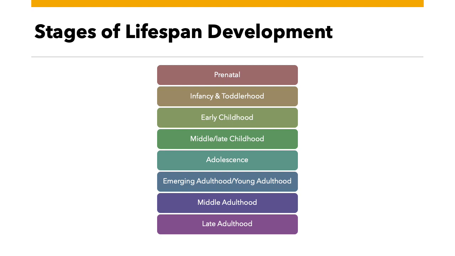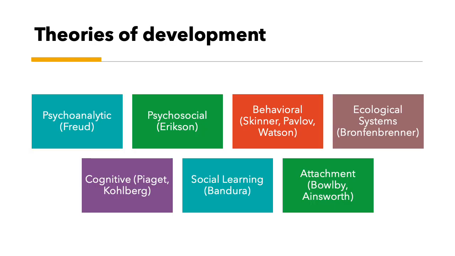So for this course, we are going to look at the different stages of lifespan development, including prenatal, infancy and toddlerhood, early childhood, middle and late childhood, adolescence, emerging adulthood and young adulthood, middle adulthood, and late adulthood. So the course is going to be organized according to the lifespan stages of development.